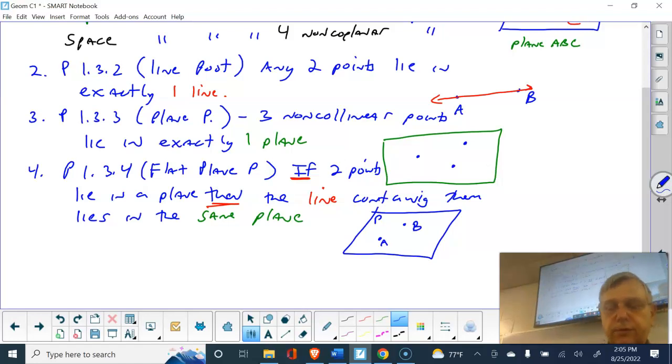So let me do some symbols to explain this postulate. If A and B are an element of plane P, right?